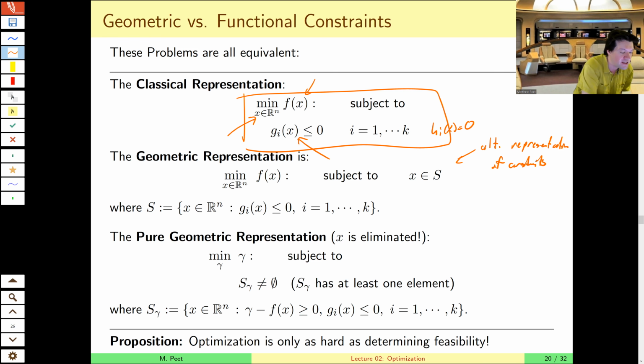And so we can take that to its logical conclusion, where we think about the optimization problem not in terms of the g, but in terms of the set itself. That gets around the issue of representation of the set.